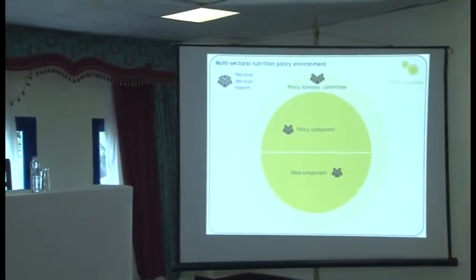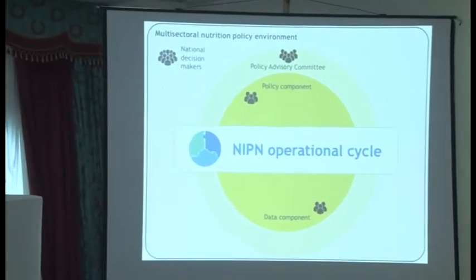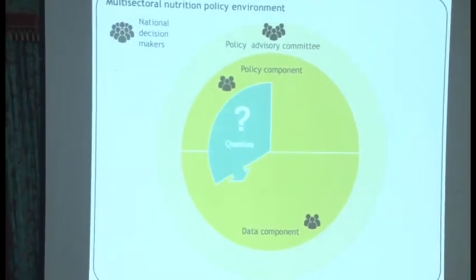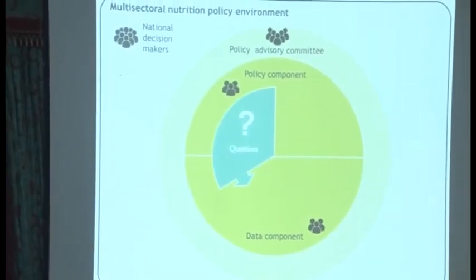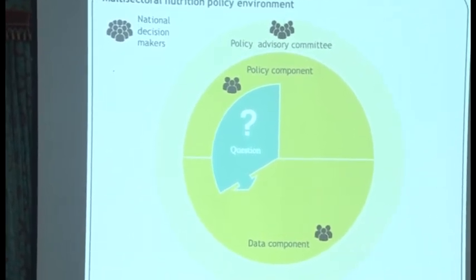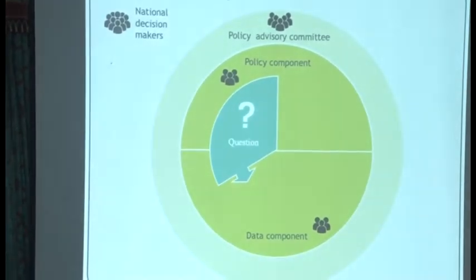Now, the process, NIPN has an operational cycle, and this operational cycle begins with the questions. When we talk about a question here, what some people call the policy ask. What is it that we need to deal with?